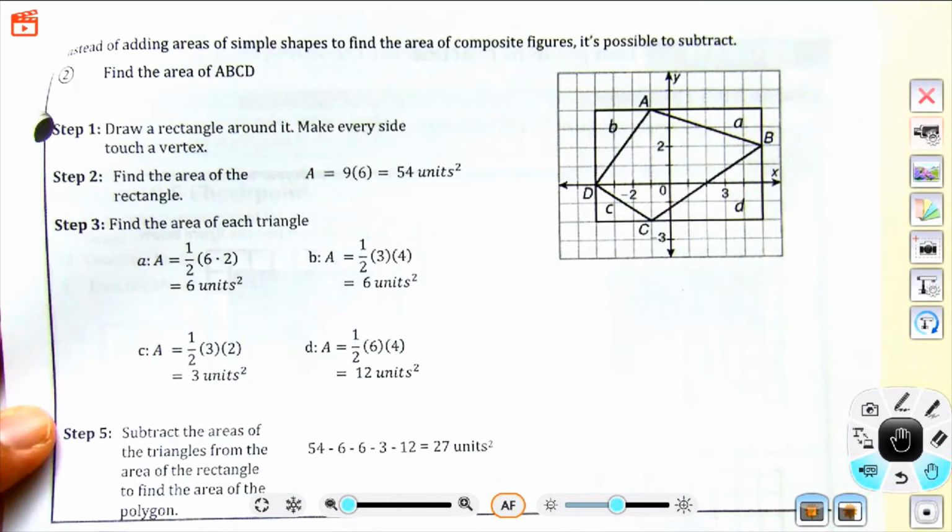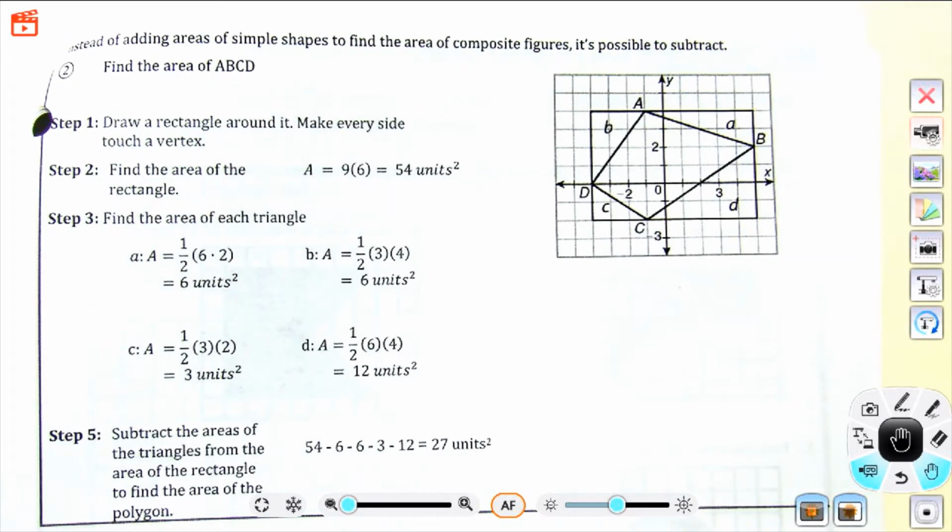So we're going to learn a different way of finding the same area of the figure. But in this method, we're going to be using subtraction. So this composite figure is the same figure that we were given.